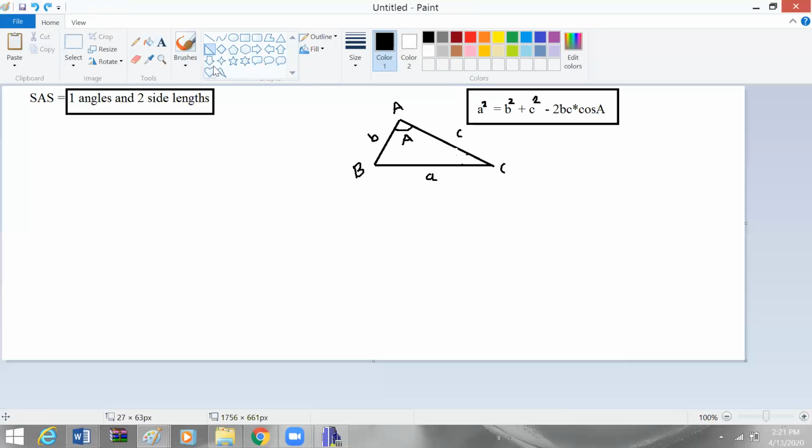Let me just figure it out. Let's do one example for that part.